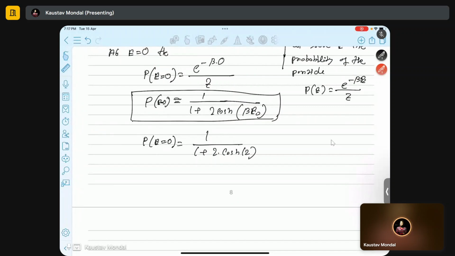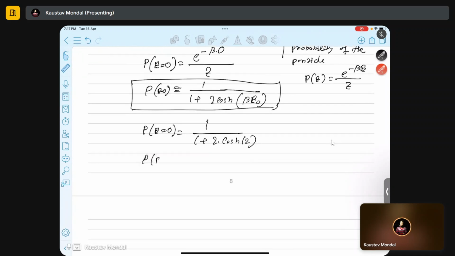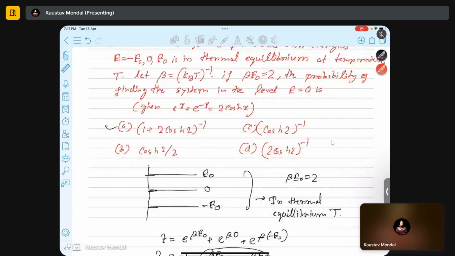You can write it like this. So the probability at E equal to 0 is this.